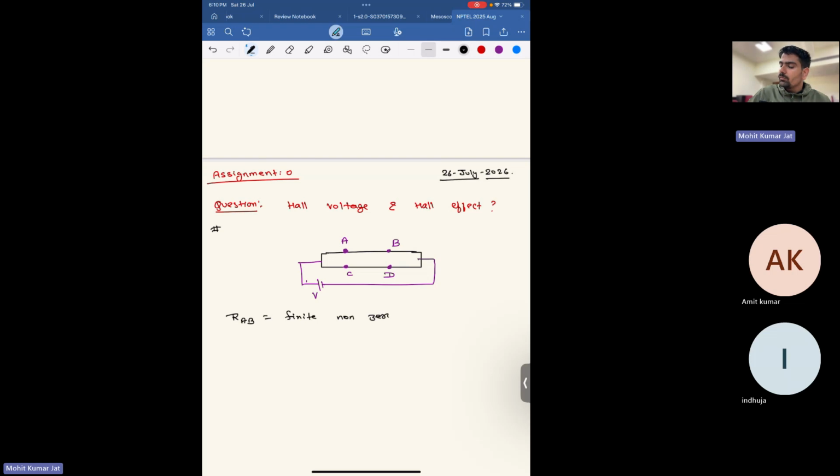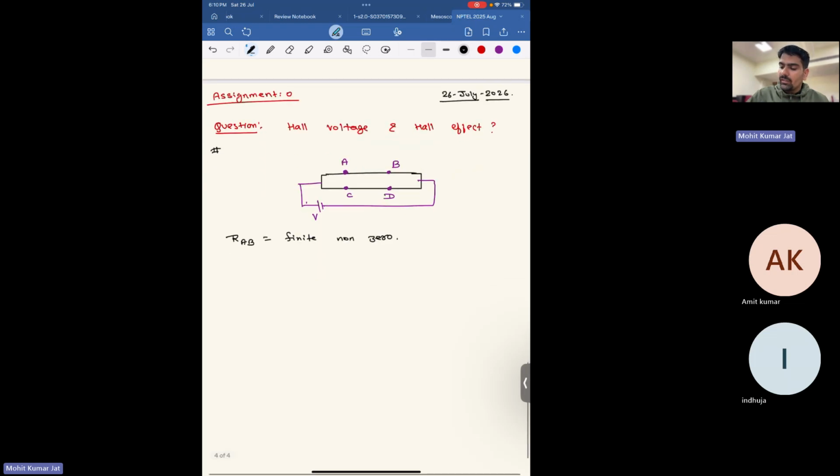Because of the scattering in the system, there will be some resistance, and RAB will measure to be finite, which will be equal to RCD.